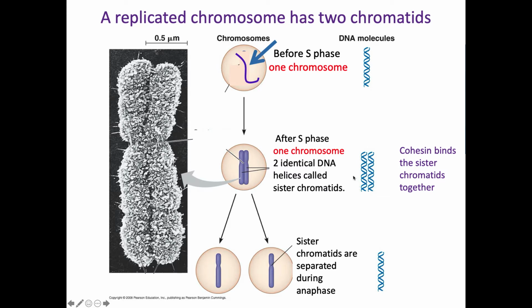By definition, these two sister chromatids being held together by cohesin are considered still to be a single chromosome. During anaphase of mitosis, these two sister chromatids will be separated, with one going to each new daughter cell. As soon as they separate, each of these sister chromatids are considered to be a chromosome.